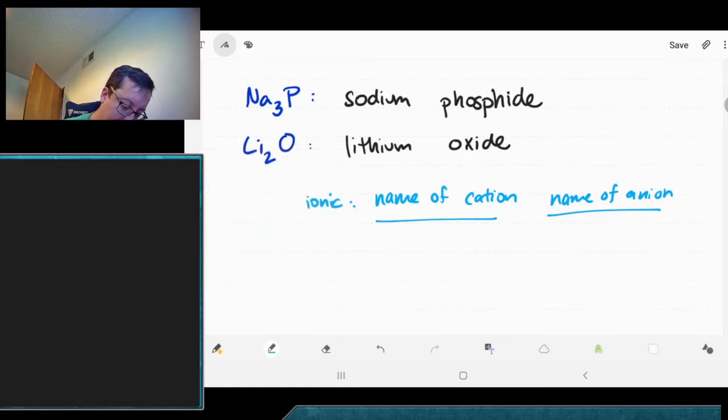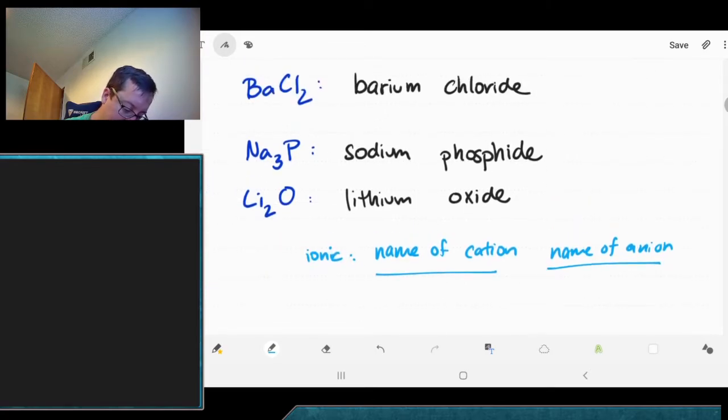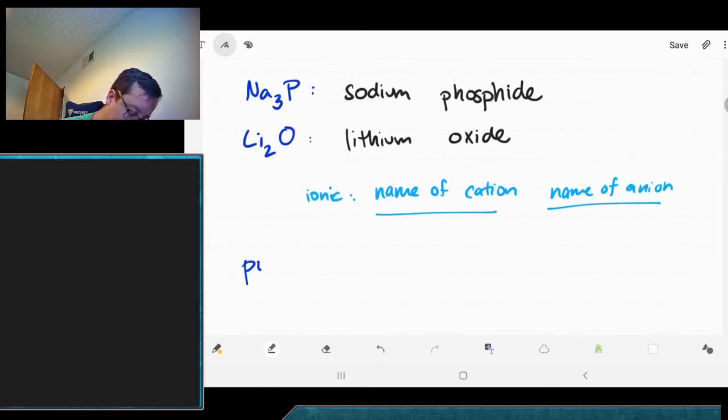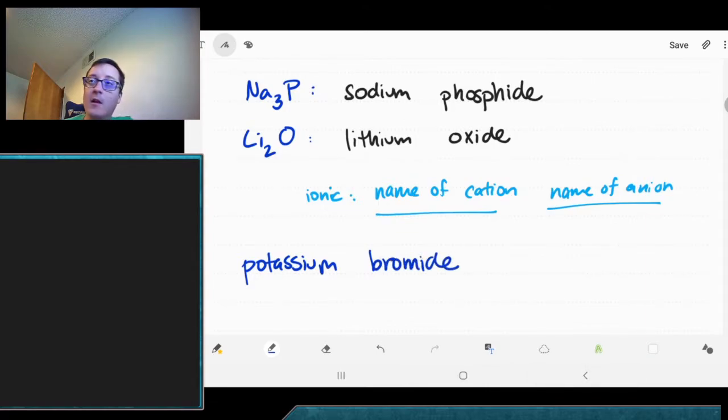Let's say we have, let's do potassium bromide. If we want to take the name and go into the chemical formula, we're going to need to know a bit more information, or we're going to have to think about it a little bit more. Going from formula to name is a little bit easier. Going from name to formula is a little bit harder.